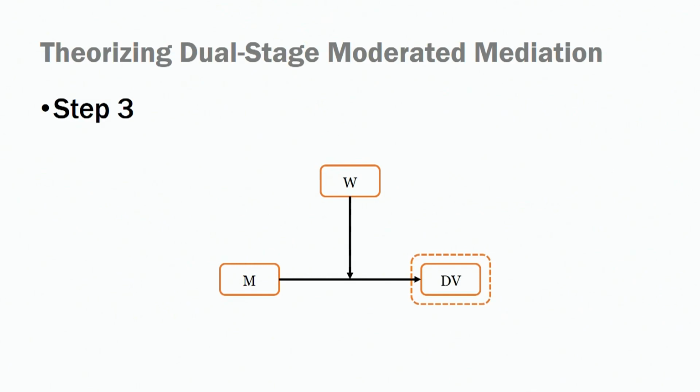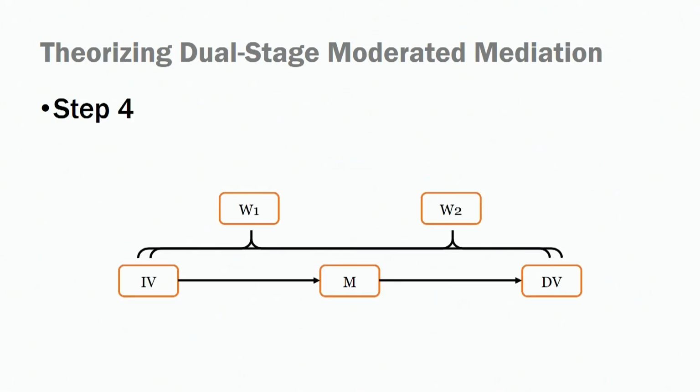We are looking at if the effects of our mediator on the dependent variable vary based on levels of our moderator 2. So in this case, we are looking at the interaction term between mediator and moderator 2 on the dependent variable.